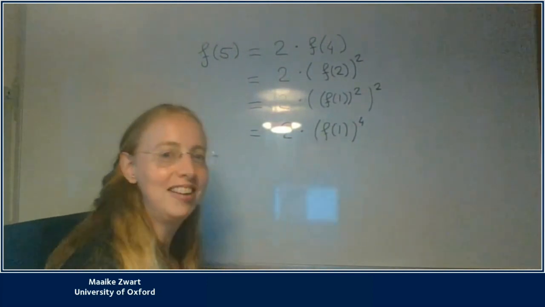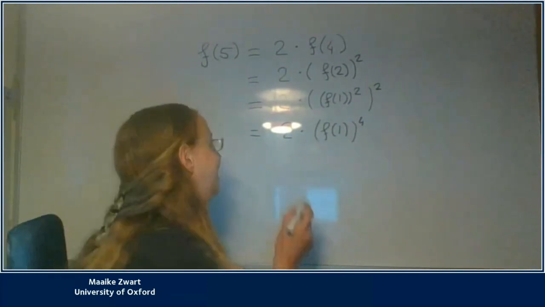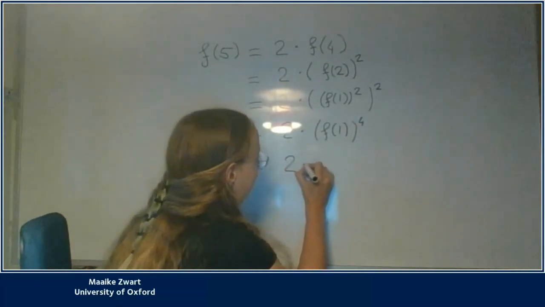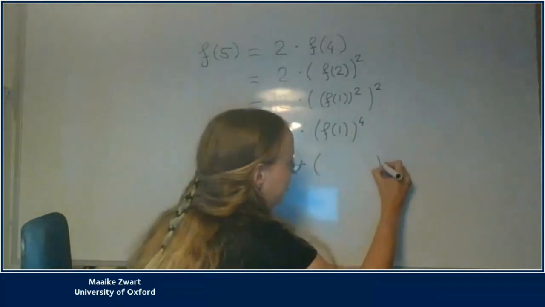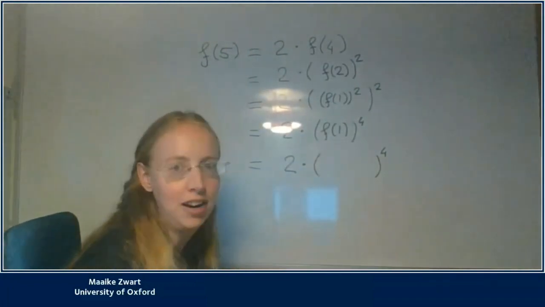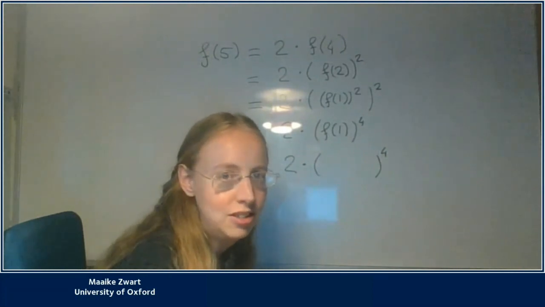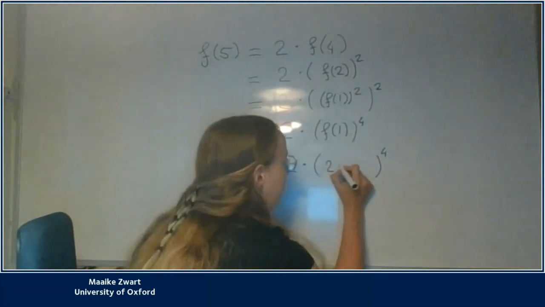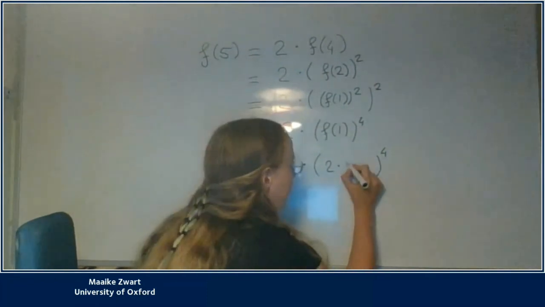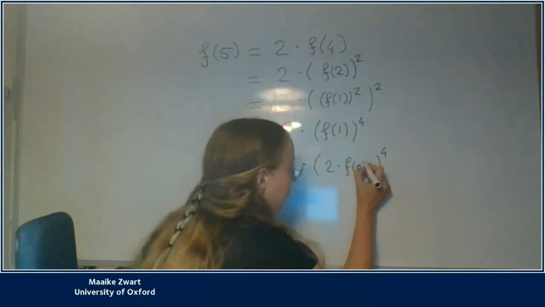With f of 1, well, 1 is odd, so I can use the rule for odd again. That's 2 times whatever it's going to be, to the power of 4. And then I need to insert f of 1. Well, f of 1 is going to be 2 times f of 1 minus 1, which is f of 0.